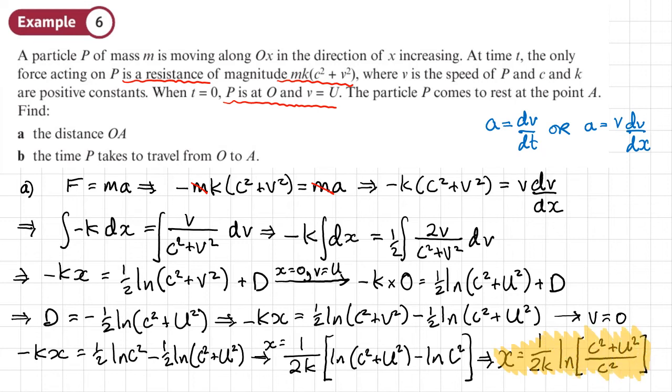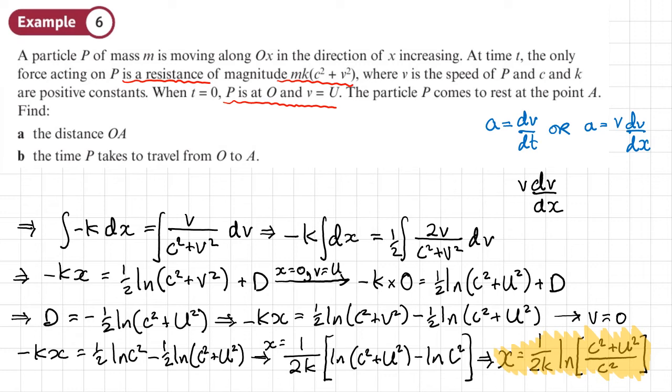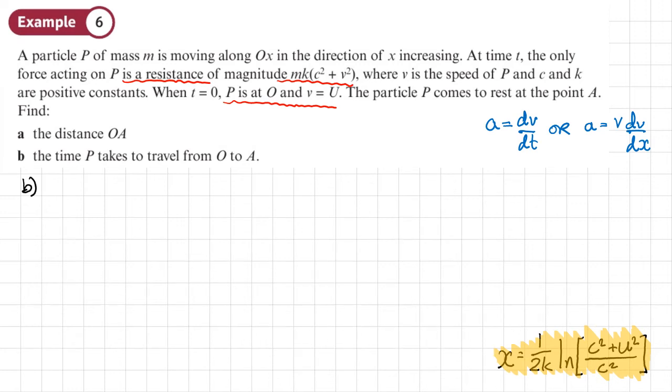Right, let's have a look at part B. Let's make a little bit of space at the top here. And then part B says the time it takes from P to travel from O to A. So again, we start with F equals MA. And in the last bit, we wanted to find the distance, so we use v dv/dx.